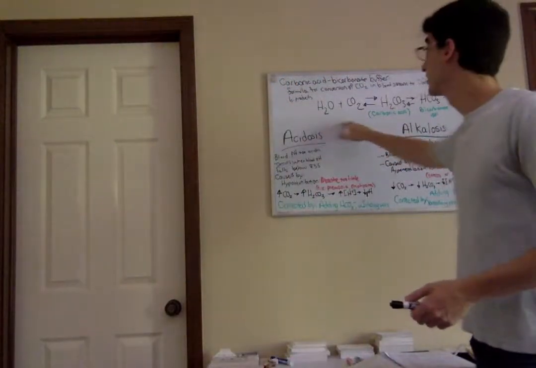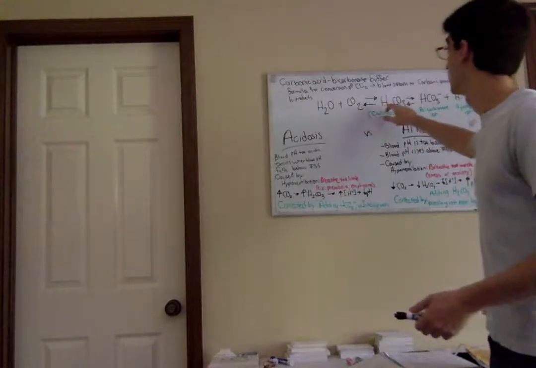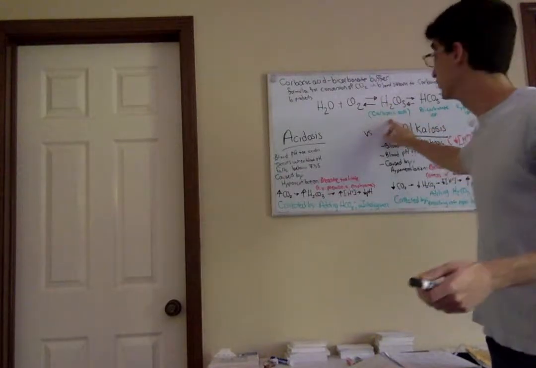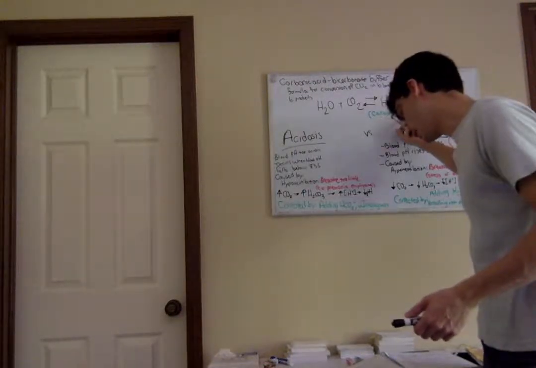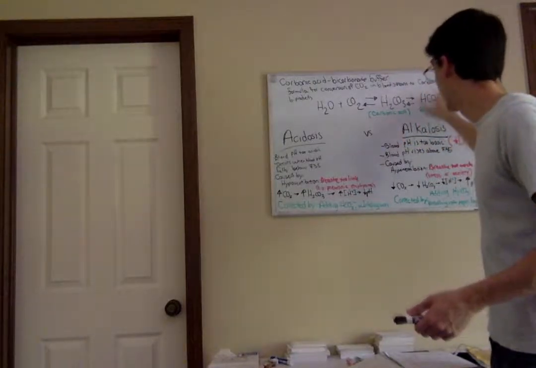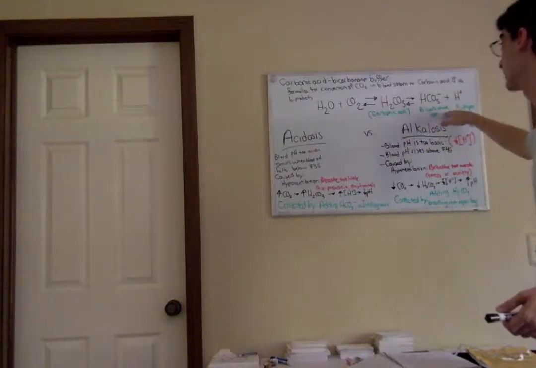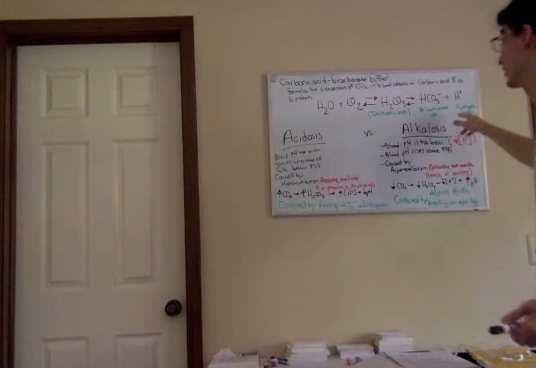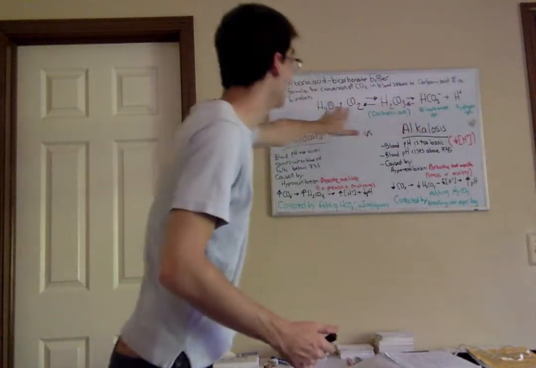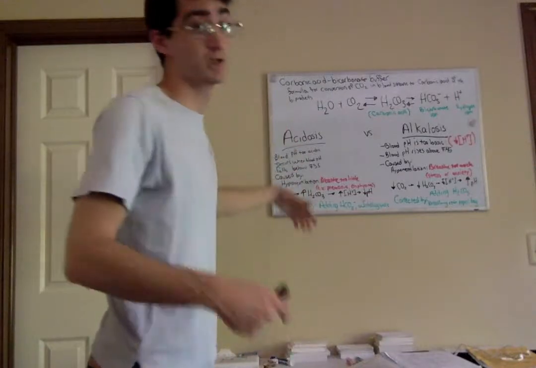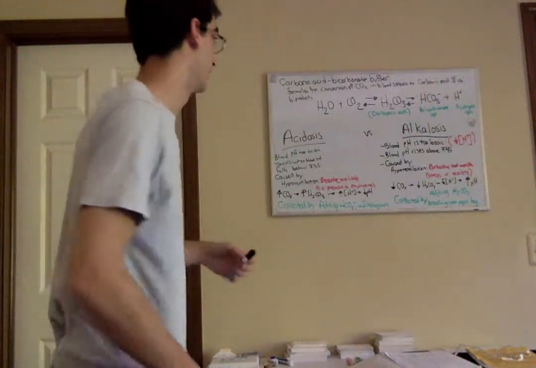The formula states H2O plus CO2 yields carbonic acid, which is H2CO3, and from that you get HCO3 minus, the bicarbonate ion, plus the H plus hydrogen ion. These reactions go back and forth, so you have two arrows pointing in both directions, and we'll talk about the reasons for that later on.